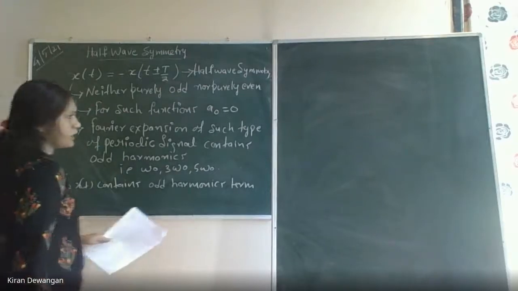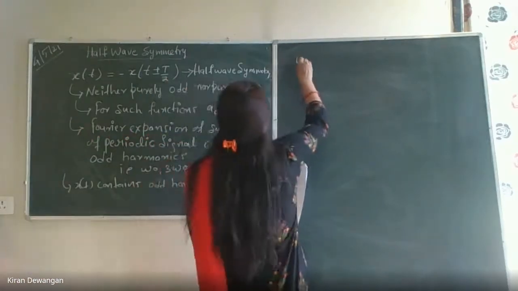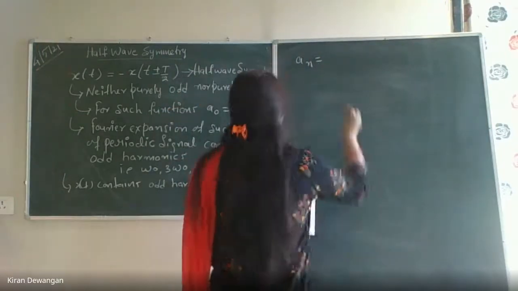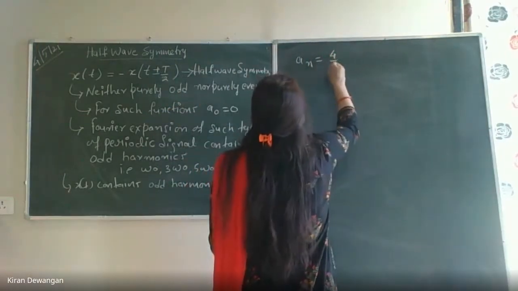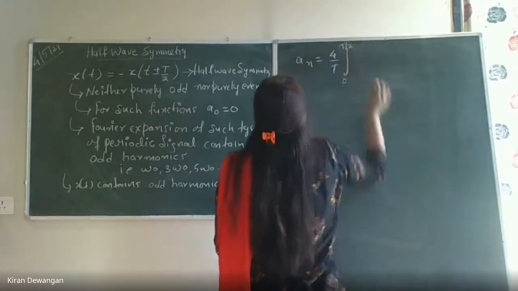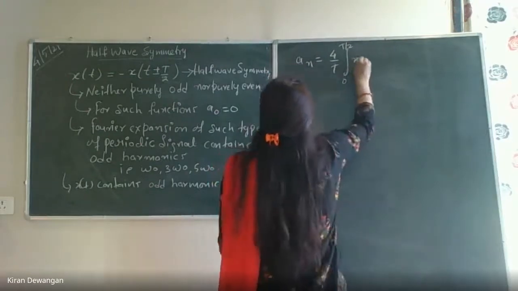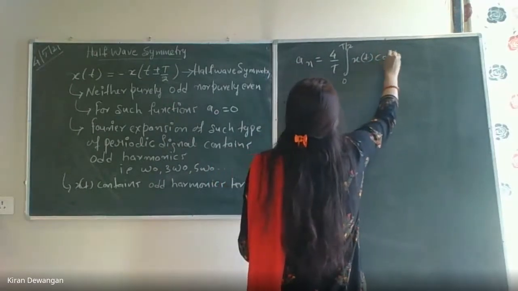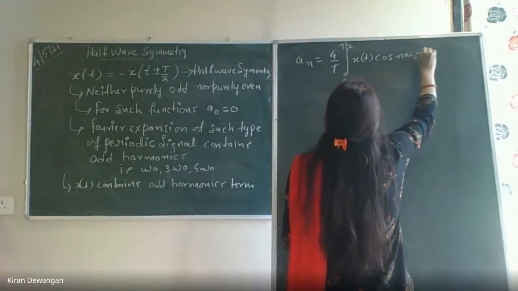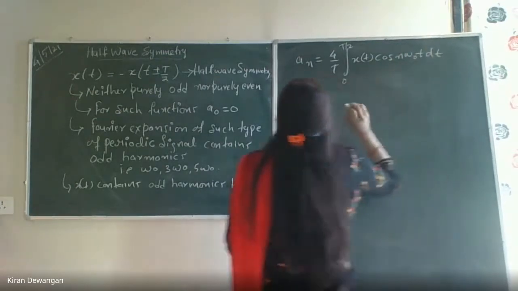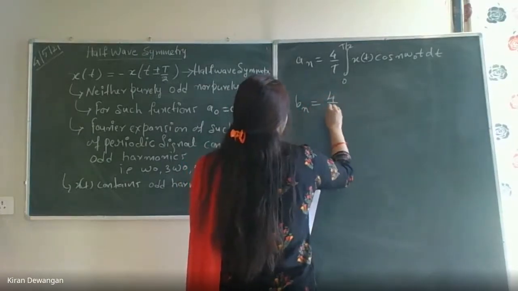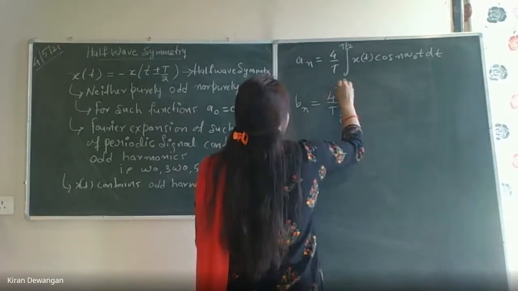So if we are calculating an, it will be 4 by T, integral 0 to T by 2, x of t cos of n omega naught t dt.